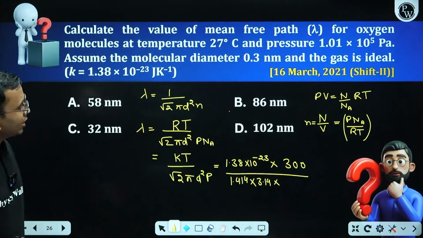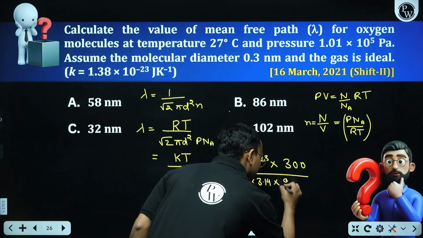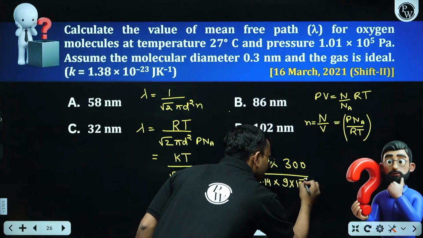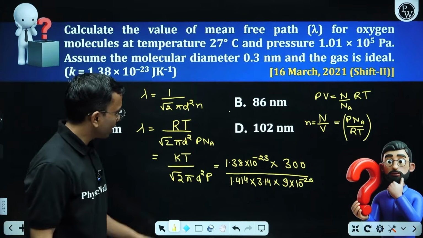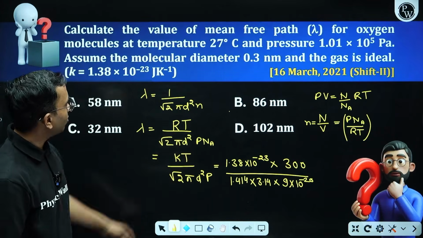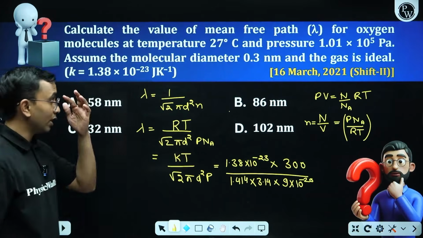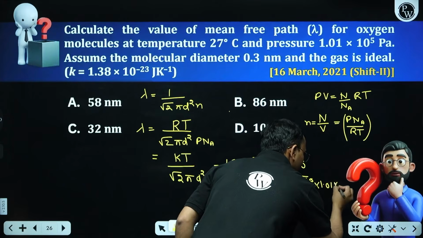What is d? D is 0.3 nanometer. So 3 angstrom. 3 angstrom square will become 9 into 10 to the power minus 20. Isn't it? Yeah. Angstrom is 10 to the power minus 10. So 3 into 10 to the power minus 10 becomes 9 into 10 to the power minus 20. Into the pressure. What is pressure? 1.01 into 10 to the power 5 Pascal. So write it as 1.01 into 10 to the power 5.